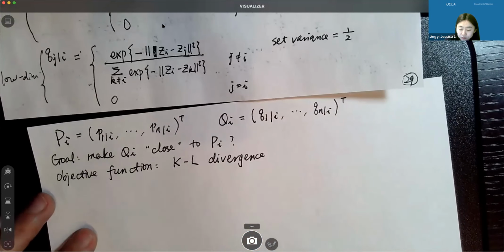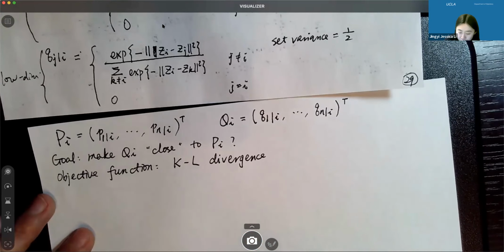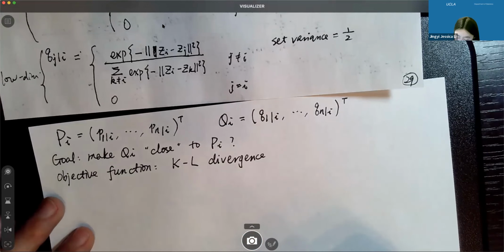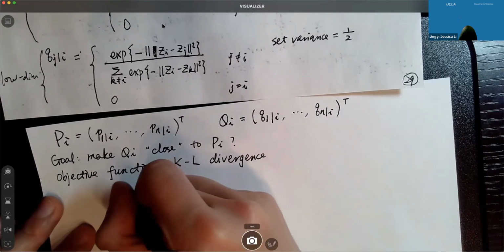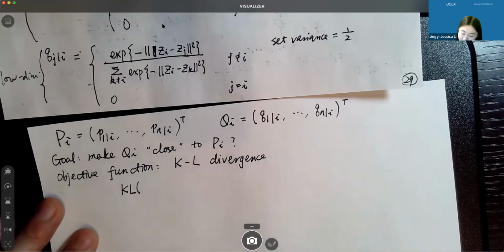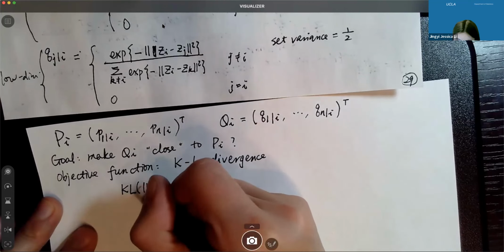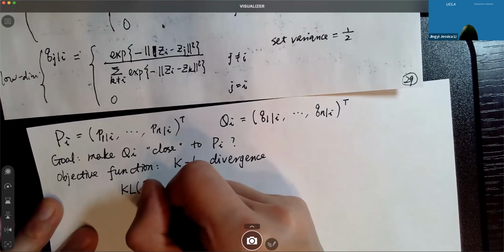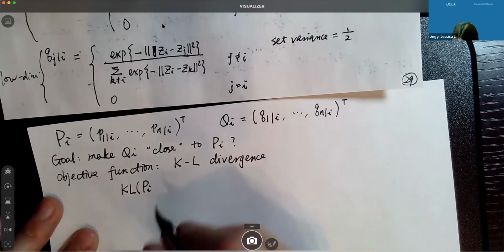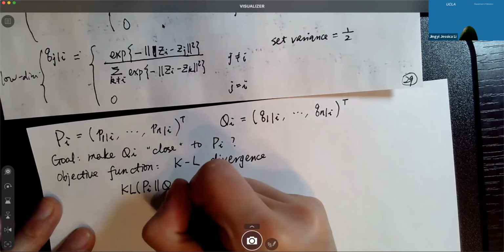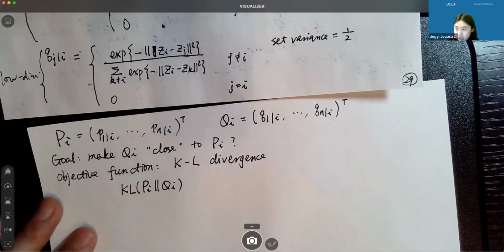And this is actually from information theory. So let's say the KL divergence between P_i and Q_i. We are using P_i as our basis, and Q_i is the thing we want to find. So Q_i is the target, P_i is what we have, the reference.